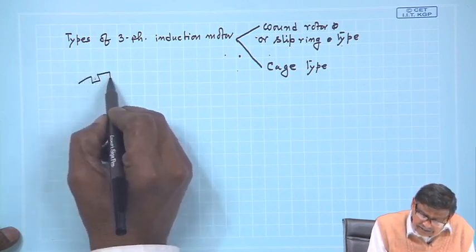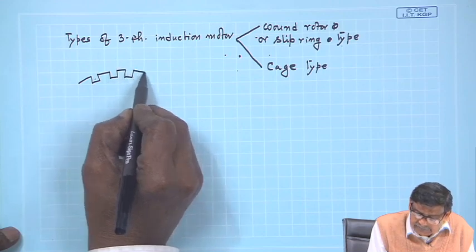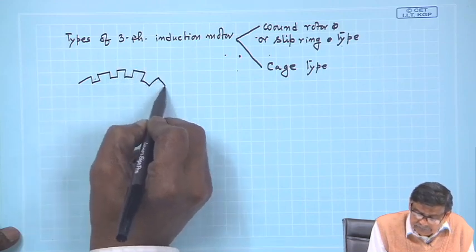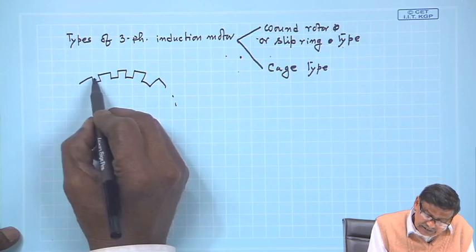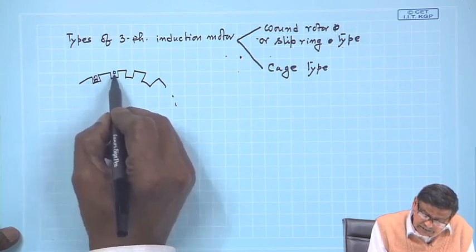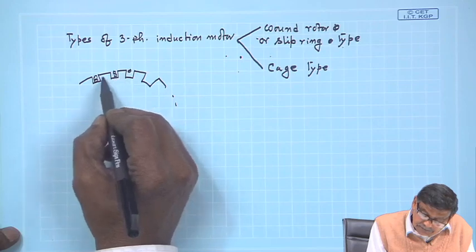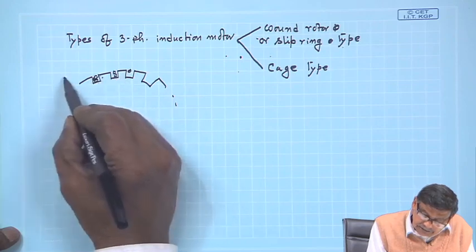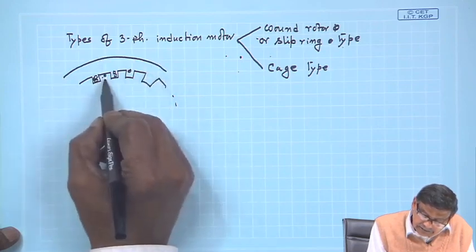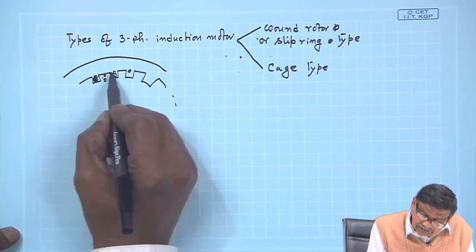the stator is like this. These are the stator where there are windings. I am sorry, I always make this. This is the stator, these are the windings. This is the slots.